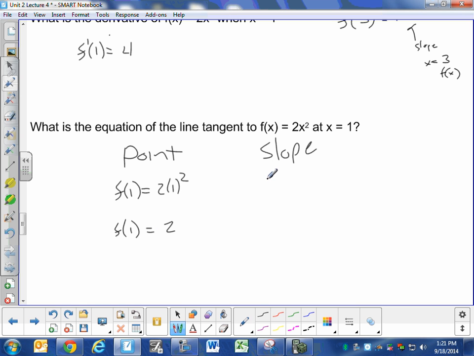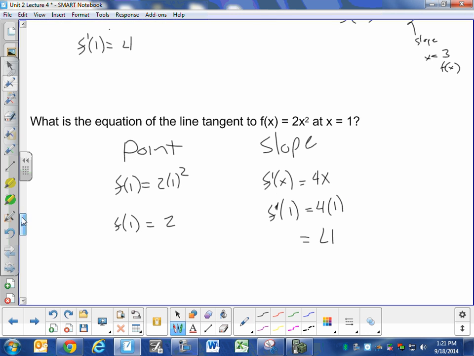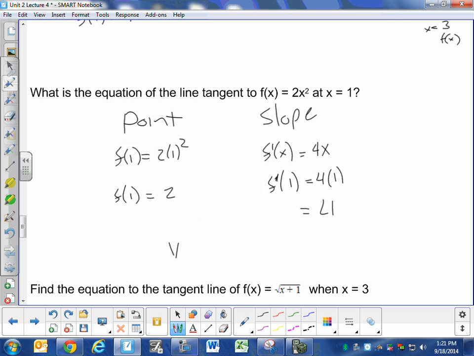The slope I get from my slope generator function, my f prime function. I plug my x value into my derivative function, and I get my slope. So we get my equation, y minus y1 equals my slope times x minus x1.